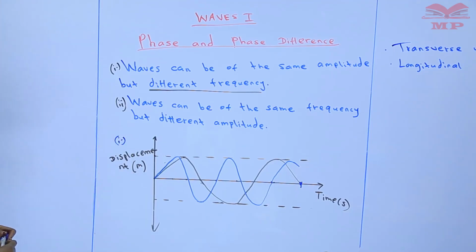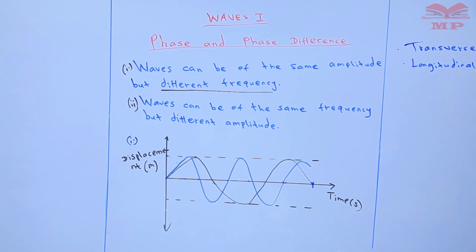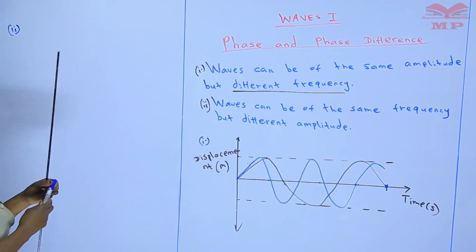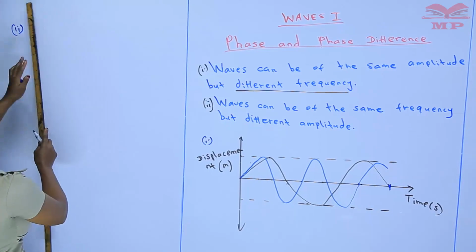The second one is waves can be of the same frequency, but different amplitude. So number 2, we can have the following: a displacement time wave.